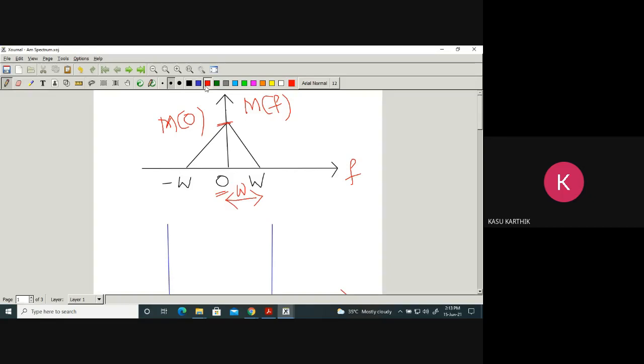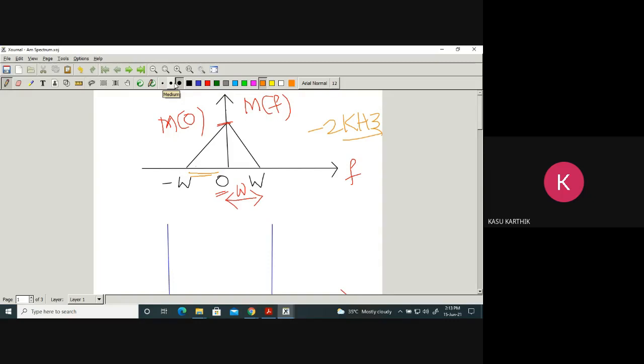But you can ask me, what about this part? Actually, negative frequencies don't exist. There is no meaning for negative frequency. What do you mean by minus 2 kilohertz? It doesn't have any meaning.